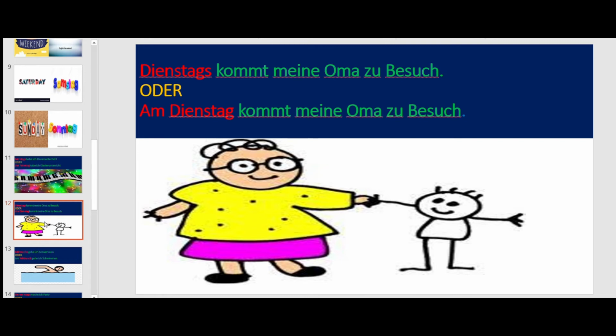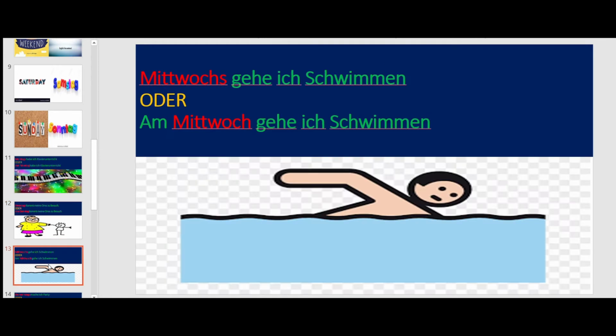But if I say am Dienstag kommt meine Oma zu Besuch, that means she is coming for a visit on Tuesday. This doesn't talk about every Tuesday of the week. I hope it's clear. Again, I want to repeat it with every day of the week so that the concept becomes very clear to you.